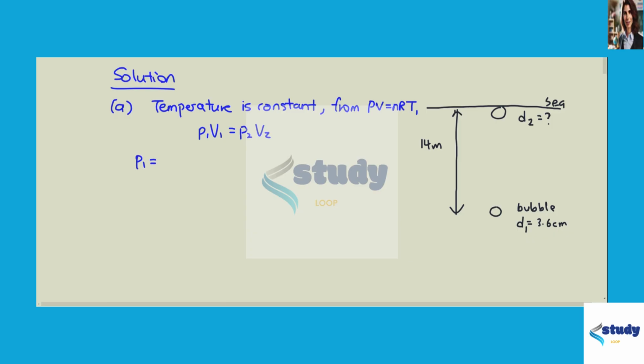P1 is at the initial state, which is atmospheric pressure plus rho gh. And then P2 is just atmospheric pressure. V1 is the volume of a sphere, so 4/3 pi (d1/2) cubed, and V2 is 4/3 pi (d2/2) cubed.